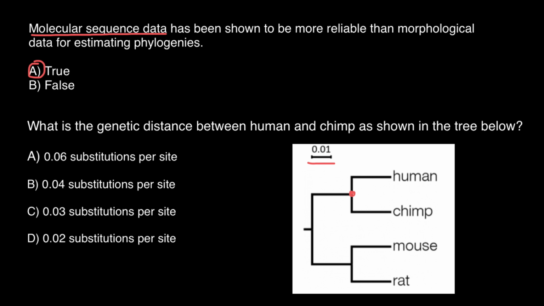Here's a point where these two species separated, but at this particular point in time they were one species. So we just have to count how many such fragments we have on each branch. For example, 1, 2, 3 here, 1, 2, and 3 here. So our answer has to be 0.06 substitutions per site.